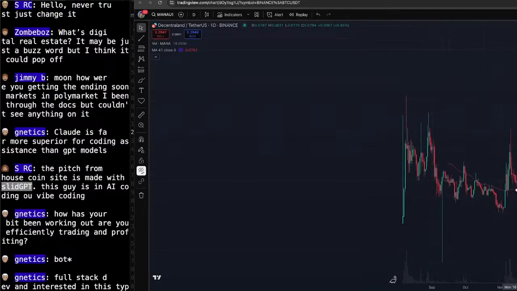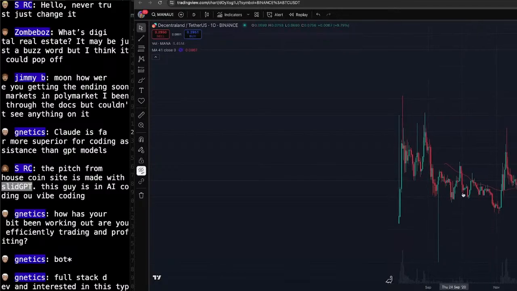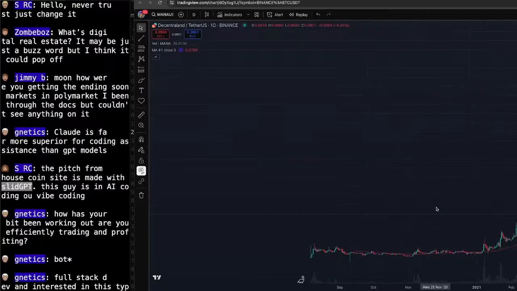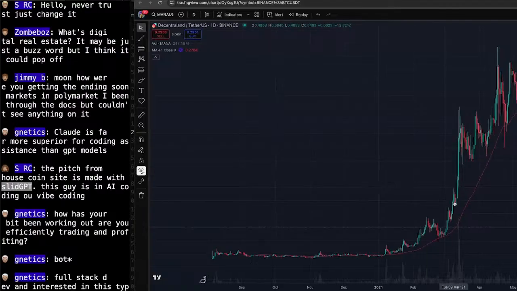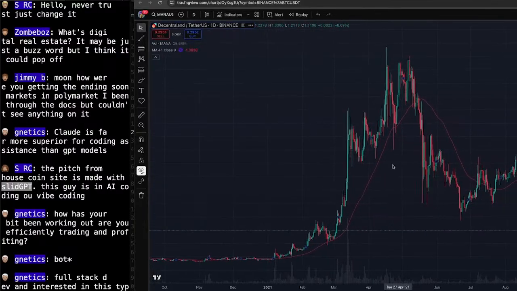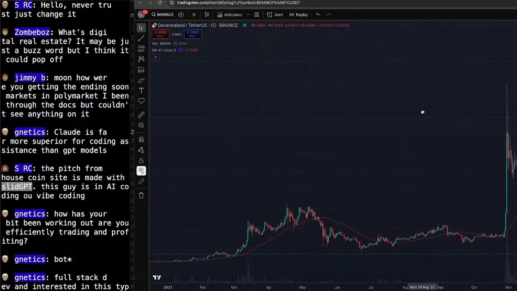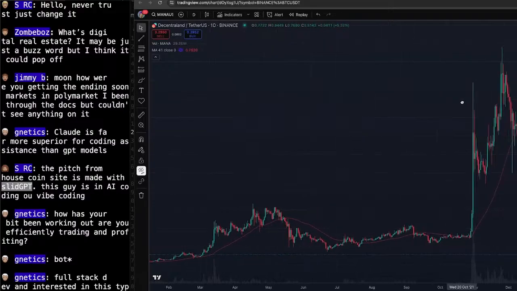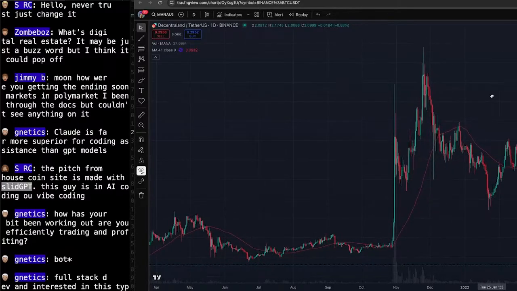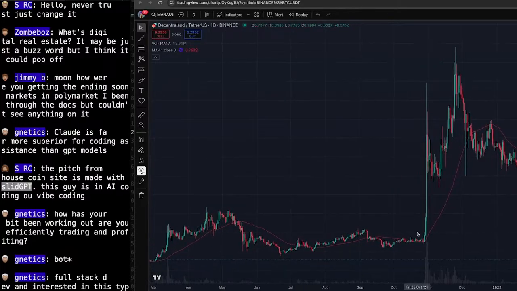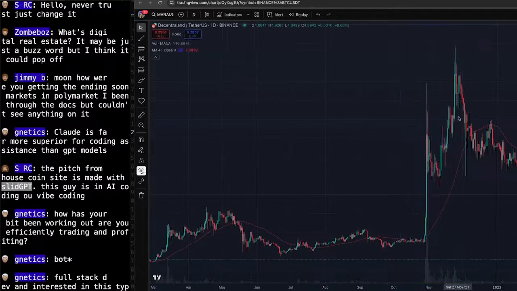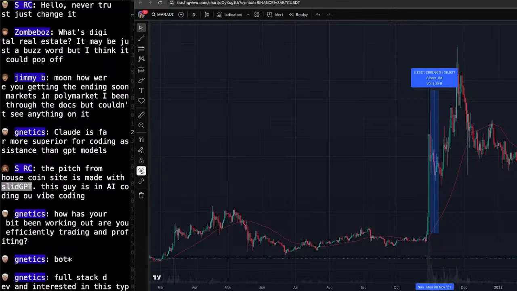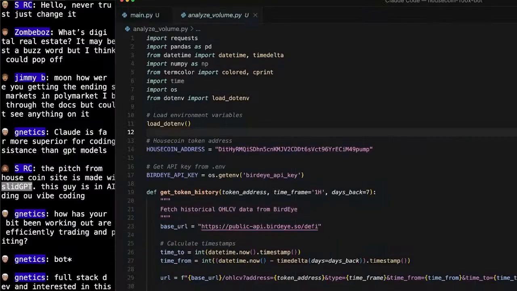I just like asymmetrical risk. And then Facebook changed their name to Meta eventually. There are people out there that believe in digital real estate as well. This went crazy, dude. It was like a 1-day bar.